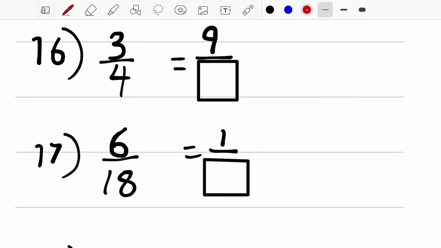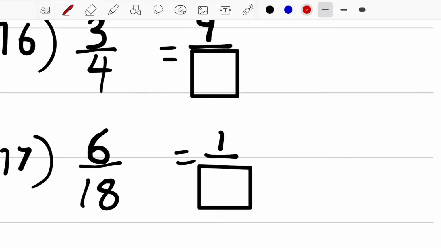Now we are going from a larger number to a smaller number. So we must divide. 6 divided by 6 will give you 1. 18 divided by 6 will give you 3.